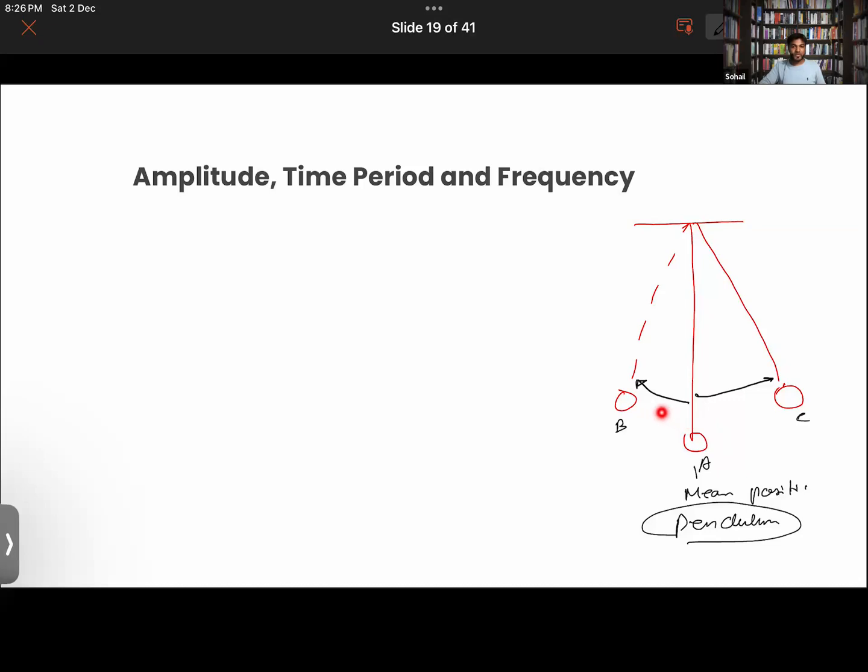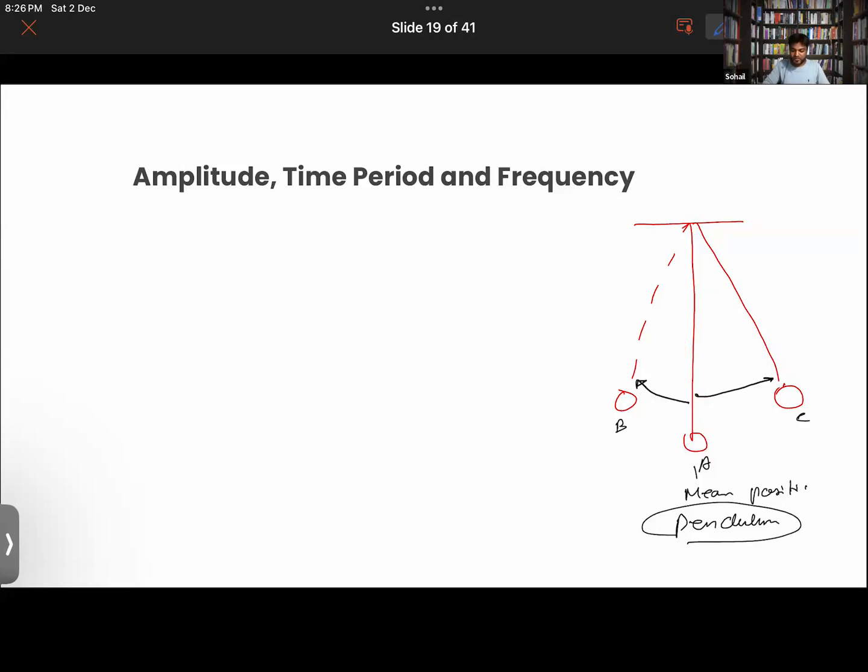और हम ऐसा भी कह सकते हैं ना, like the time taken by the bob to travel from position B to C and then back from C to B. This thing many a times my students get confused. Like why oscillation की बात करें, what does it specifically mean? First thing is that if it moves from A to B, then B to C, and then C to A, that also makes up one oscillation.